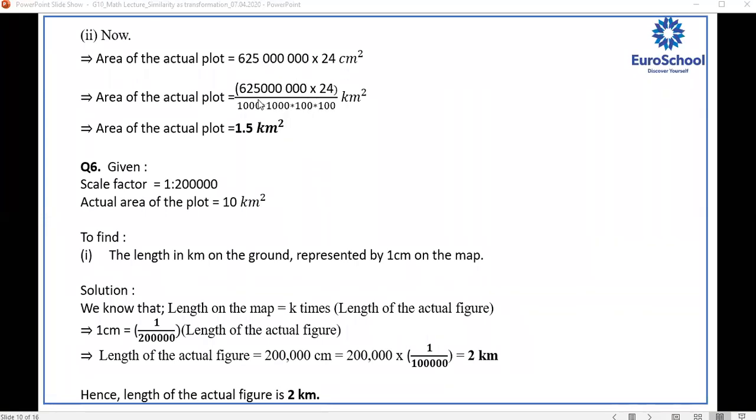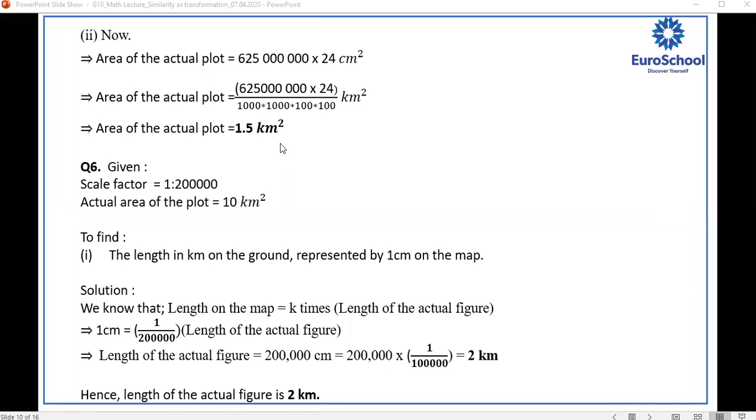Now again reduce your calculation. 625 and 10,000 are all multiples of 25. So try to reduce your calculation there only. So at the last you're left only with 3 by 2. So the area of the actual plot is 1.5 kilometer square.